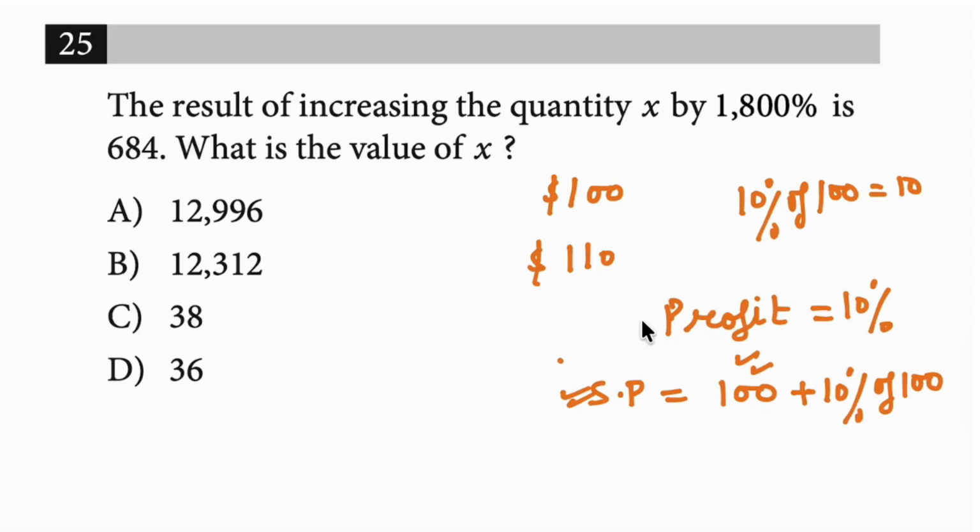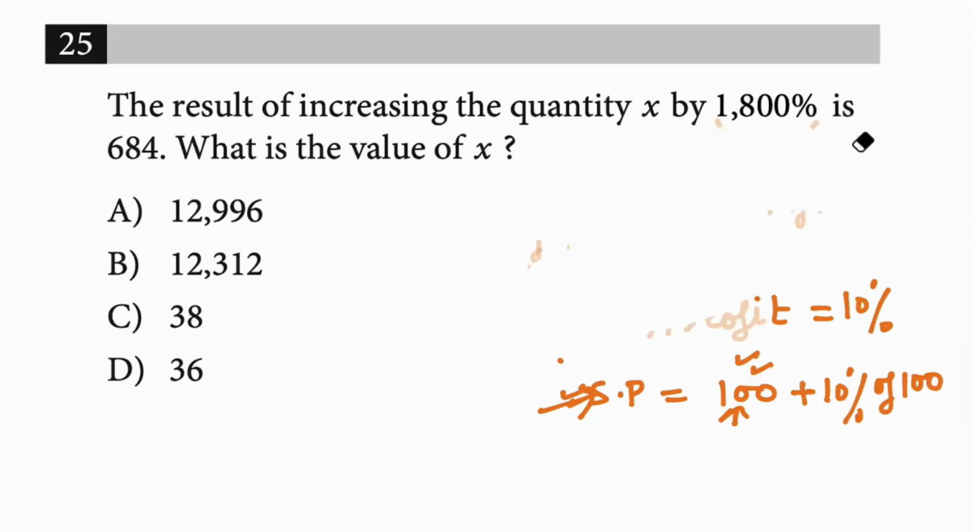So when we have to deal with these kinds of questions, we first check what is asked. If the total is asked, we apply a different formula, adding that value into it, or if only profit is asked, then we only calculate the percentage. Okay, concept is done. Now let's solve the question.